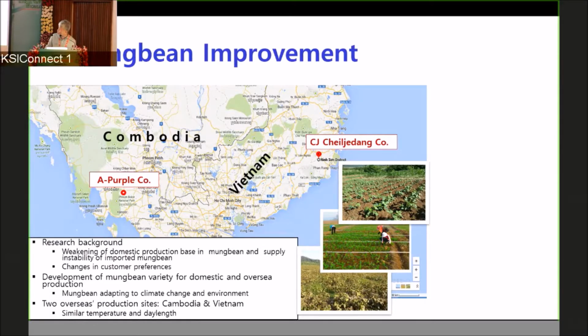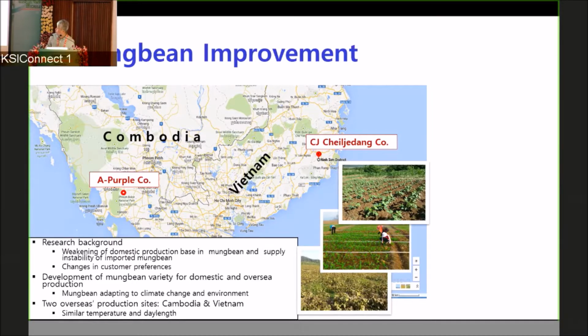We launched this program about 3 years ago, and some elite lines were sent again to Vietnam to test the adaptation of the mungbean varieties we bred.